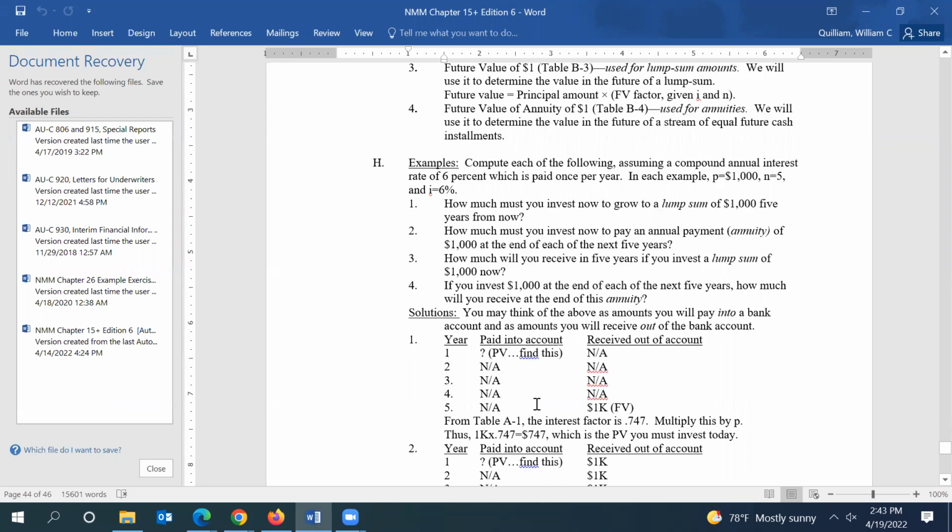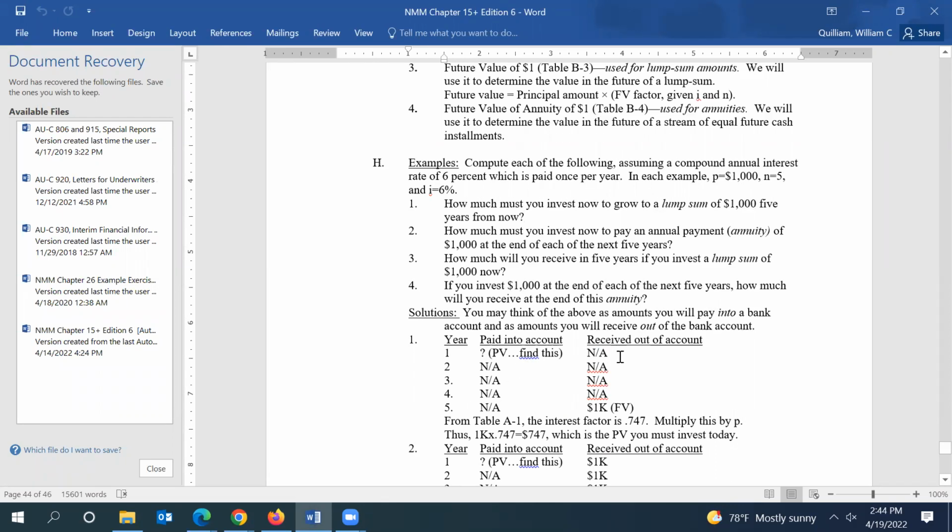So coming back up this diagram, what have we done? Well, here in year 1, we wanted to see how much we would have to pay into this bank account, the present value, to grow to that $1,000, and we're finding it. Now, we don't pay anything else into it, just this lump sum at the get-go.